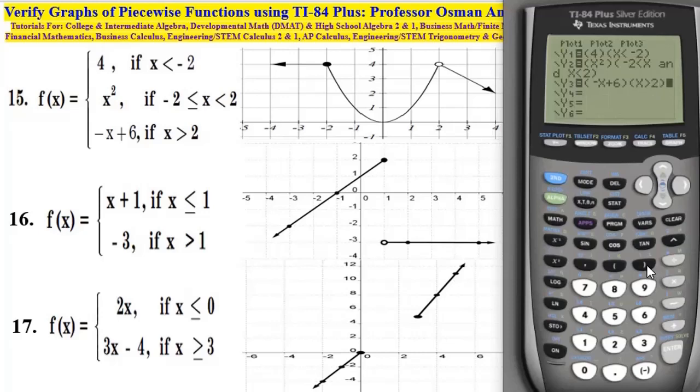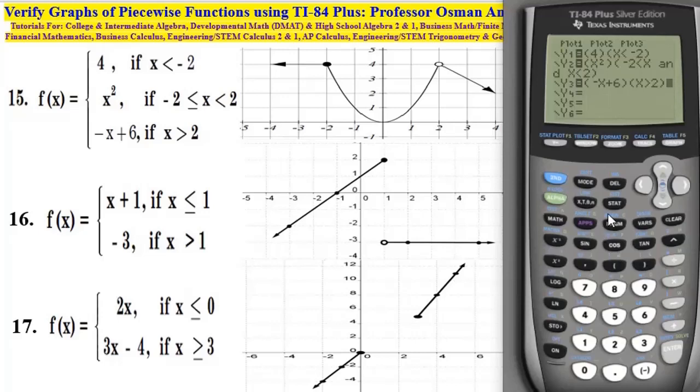Okay. So it is 4 if x is less than minus 2. It is x squared if x is between minus 2 and 2. And it is minus x plus 6 if x is greater than 2.